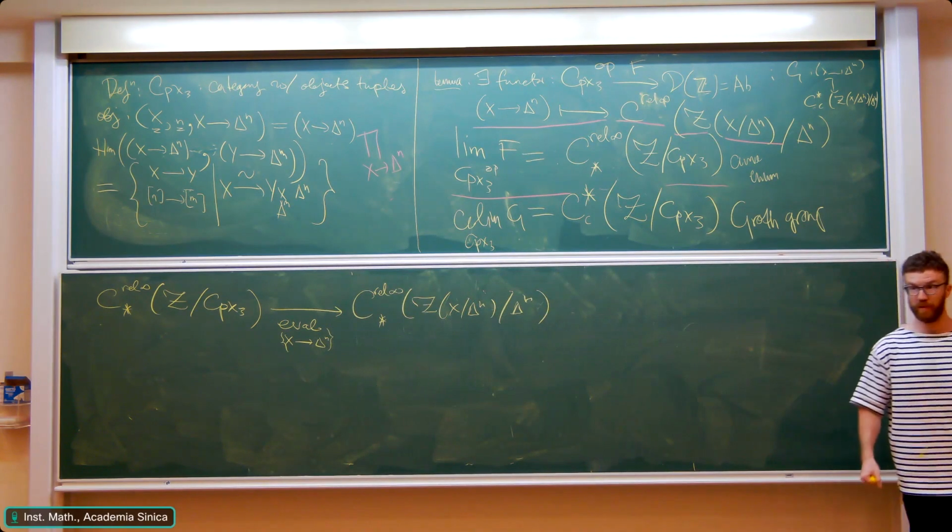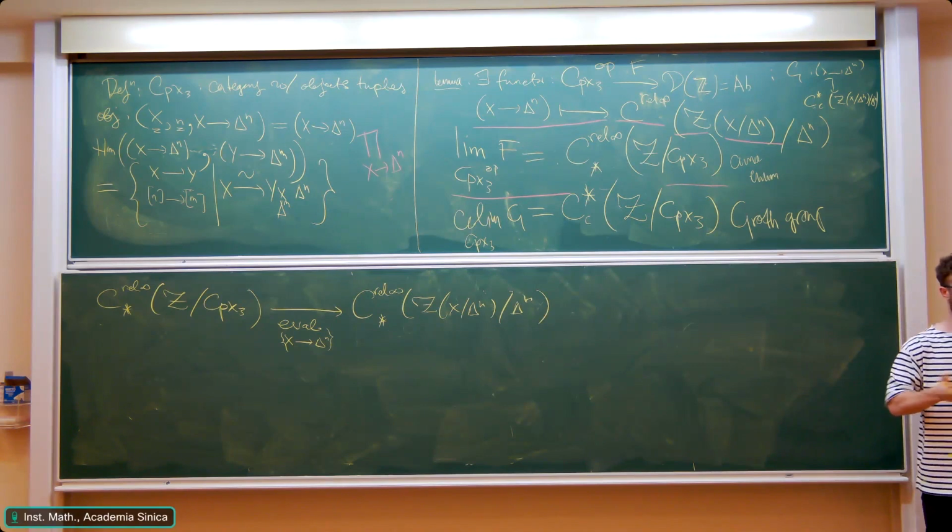It's as if you would have a universal family over this complex three thing, which is not a space, but like a base of a family. And this has various maps to it.